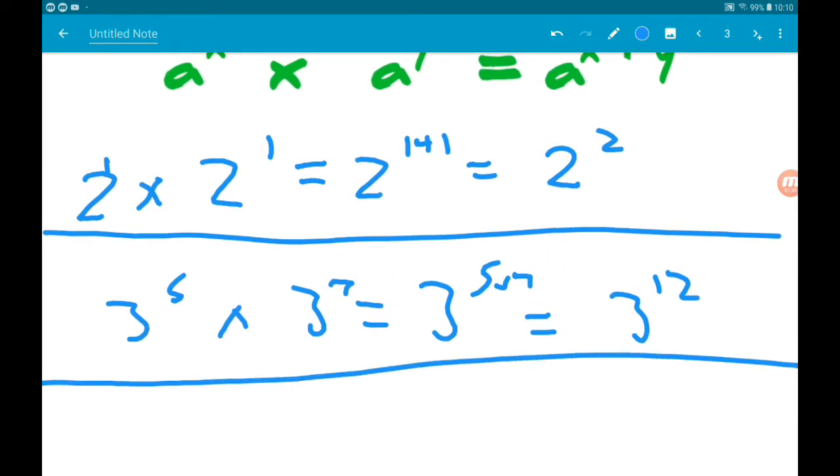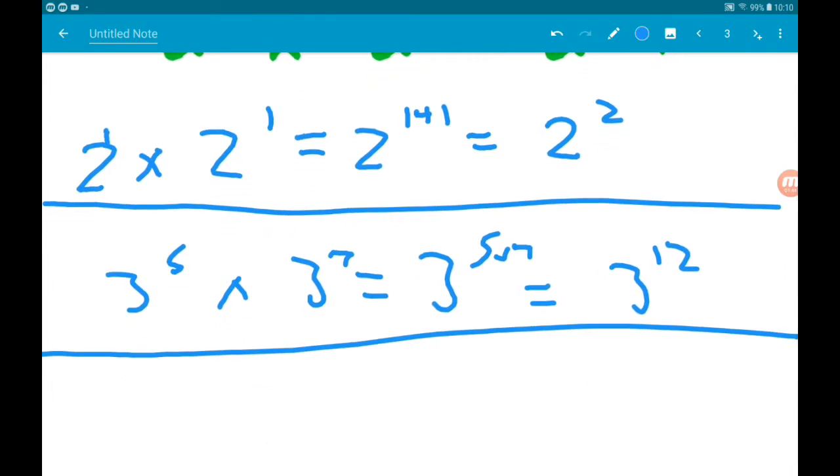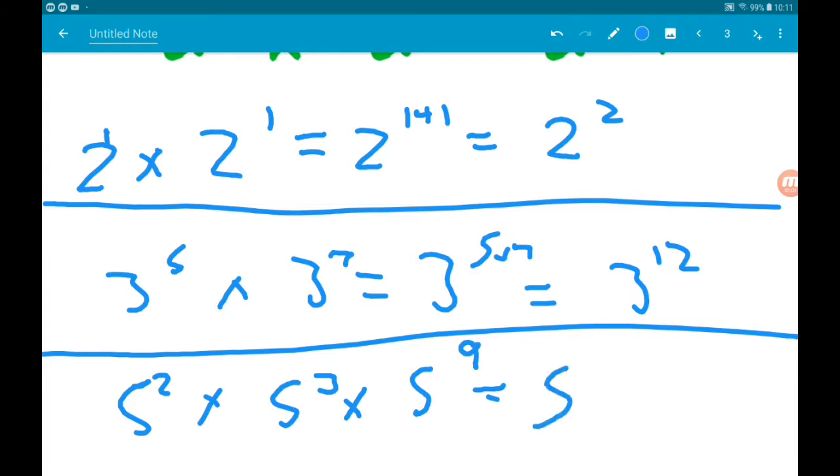Now you don't just need to have two terms, so we might have something like 5 squared times 5 cubed times 5 to the power 9. The rule is the same, we just add all the powers together, so we're going to get 5 to the 2 add 3 add 9, which is 14. 5 to the power 14.